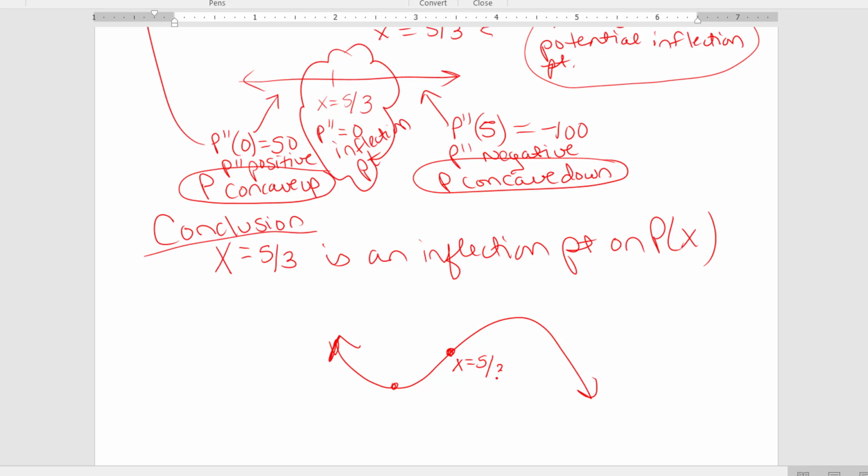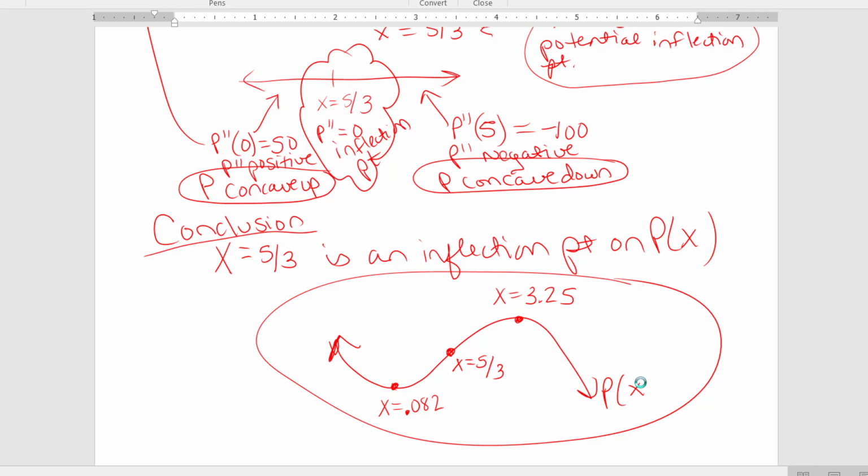The change occurs at x equals 5/3. We'd previously determined that p of x has a local minimum at x equals 0.082, and p of x has a local maximum at x equals 3.25. So this is a nice rough sketch of p of x.